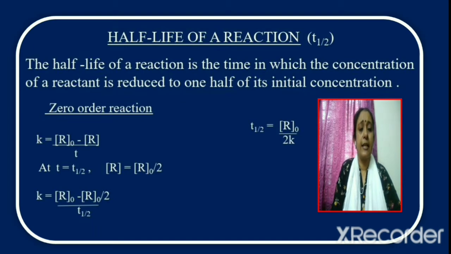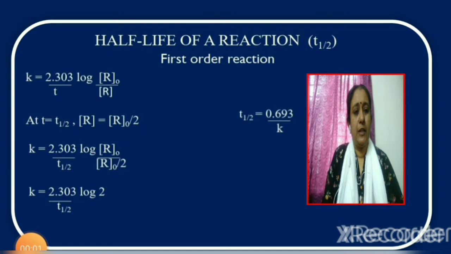From this expression, it is clear that t half for a zero order reaction is directly proportional to the initial concentration of the reactant and inversely proportional to the rate constant K. Let us now try to derive an expression for t half for a first order reaction. We have to start with the expression for the rate constant for a first order reaction. Now what is rate constant K equal to for a first order reaction? K is equal to 2.303 by t log R0 by R. So at time t is equal to t half, R will be equal to R0 by 2.